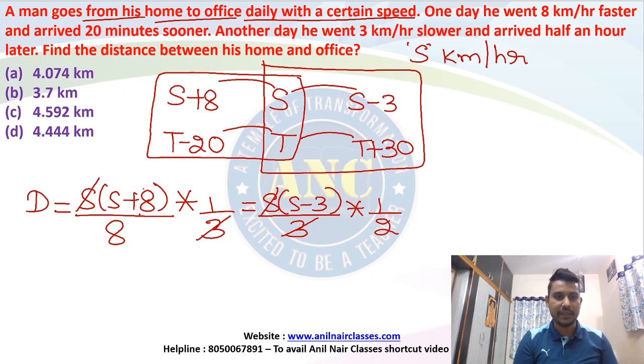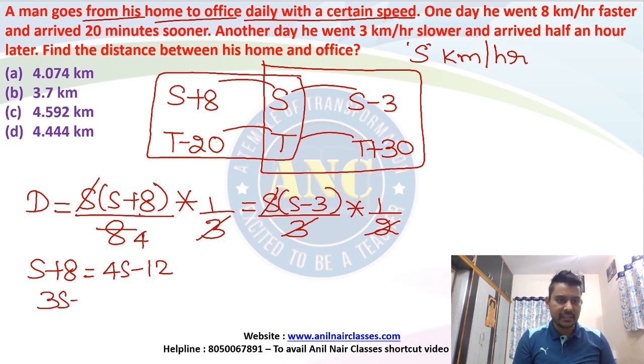If I simplify, 2 into 1, 2 into 4. Left hand side will be S plus 8, right hand side 4 will be multiplied here, 4S minus 12. So 4S minus S is 3S, 3S is equal to 20, S is equal to 20 divided by 3 kilometers per hour.